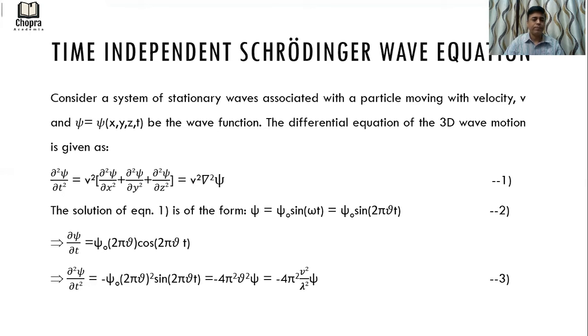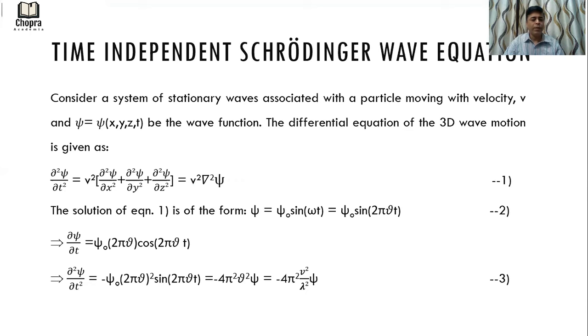The solution of this equation is of the form psi is equal to psi naught sine of omega t, where omega is the angular frequency in terms of 2 pi nu. Let us differentiate this equation, which is equation number 2, with respect to time. So I get dou psi by dou t equal to psi naught 2 pi nu cos of 2 pi nu t. Now I double differentiate it with respect to time.